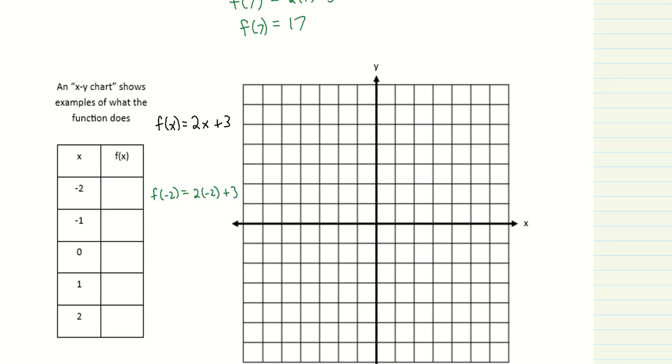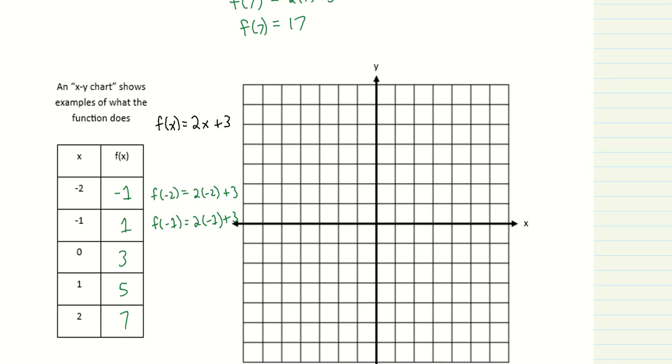So that's -4 plus 3 is -1. When I plug -1 into the machine, I get 2 times -1 is -2, plus 3 is 1. And we can just keep on doing this. When I plug 0 in, I get 3. When I plug 1 in, 2 times 1 is 2, plus 3 is 5. And when I plug in 2, I get 7.